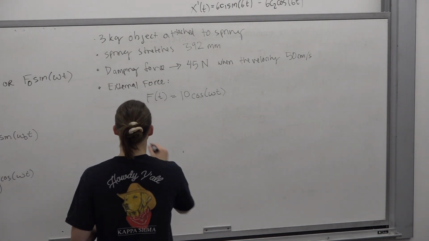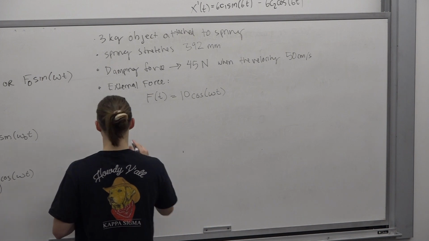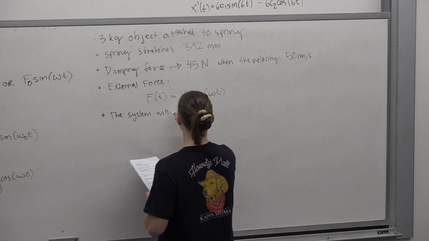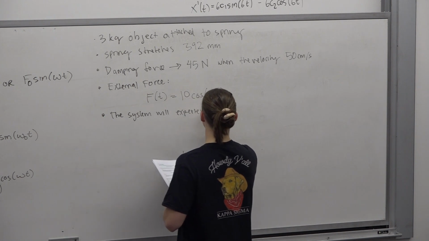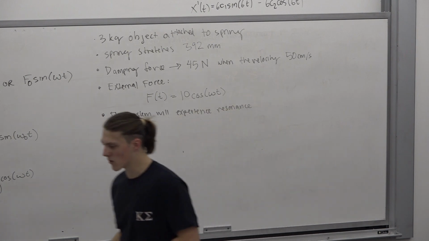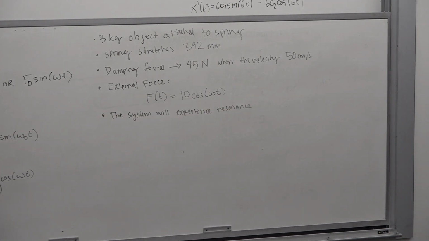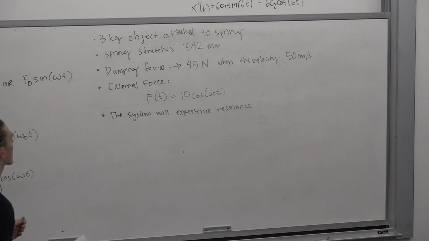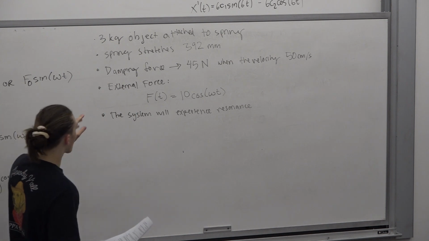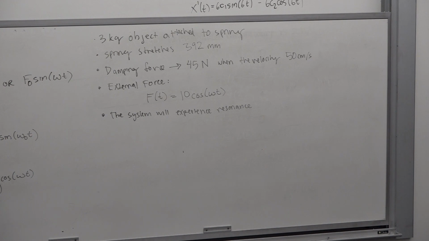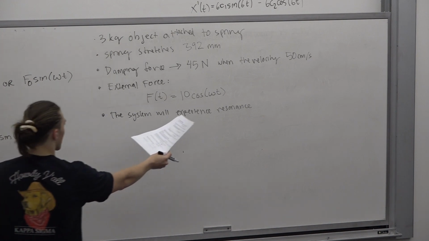And then it goes, the system will experience resonance. So there's a lot to take in, but a few things to start with. This external force follows our periodic form, but it does not give us the omega in the cosine.